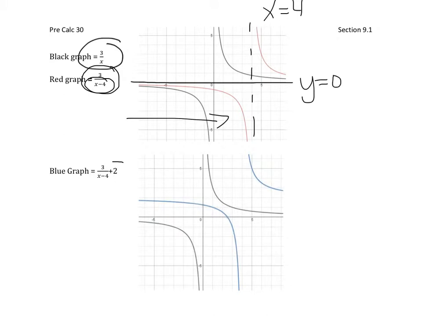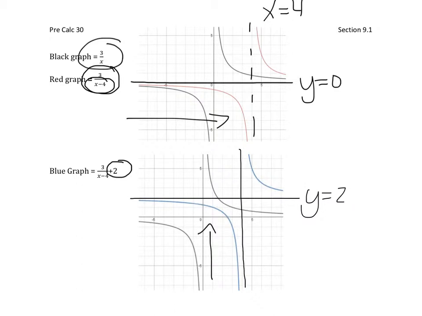If we apply a translation here, then this moves our graph up. This means that we now have a y asymptote at 2 and an x asymptote still at x equals 4. So this shifts our graph up, and then this shifts our graph left or right.